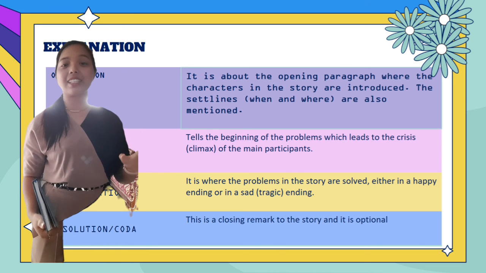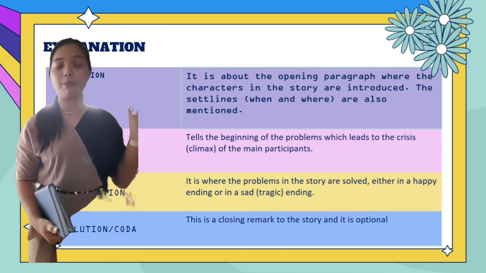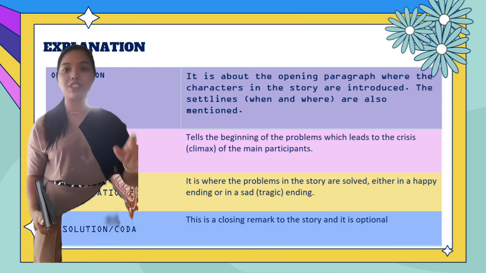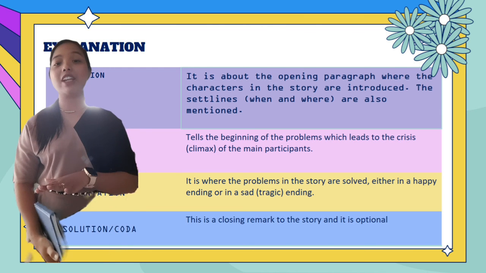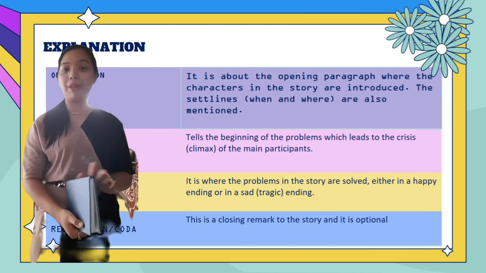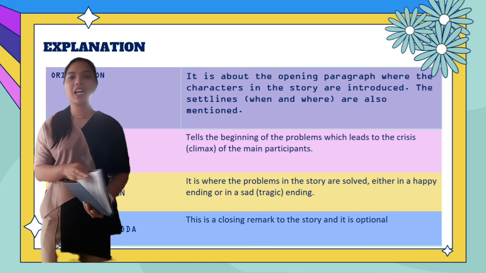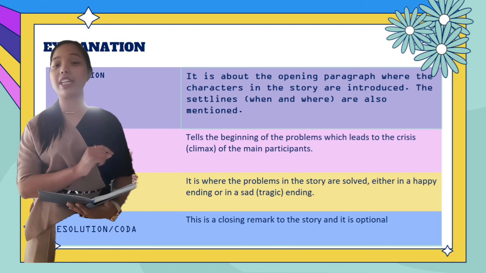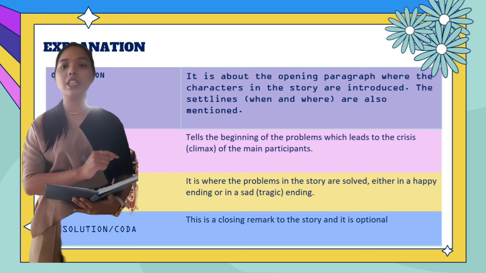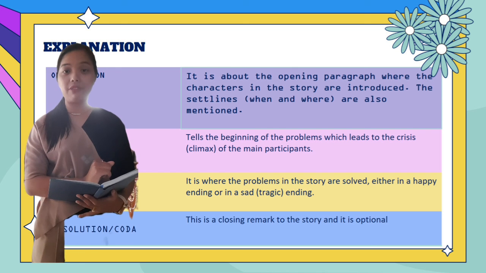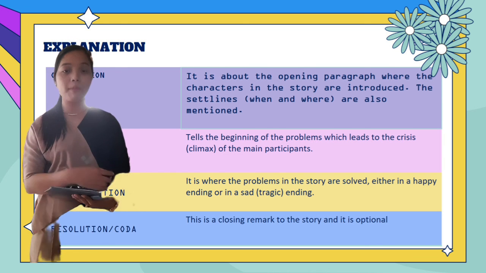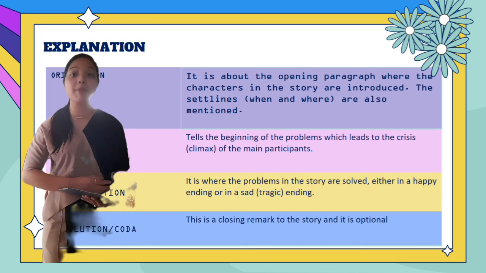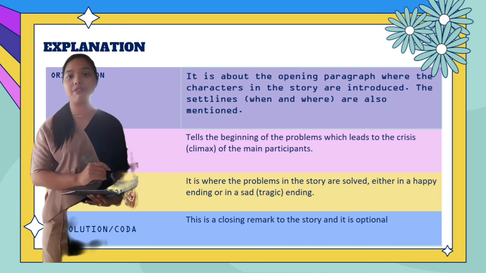Complications tells the beginning of the problems which leads to the crisis or climax of the main participants. So, if the orientation part only consists of 1 paragraph, in the complications part, it can be more than 1 paragraph.